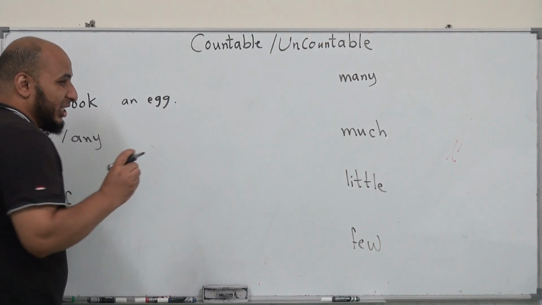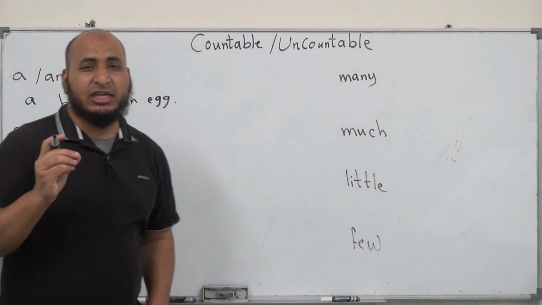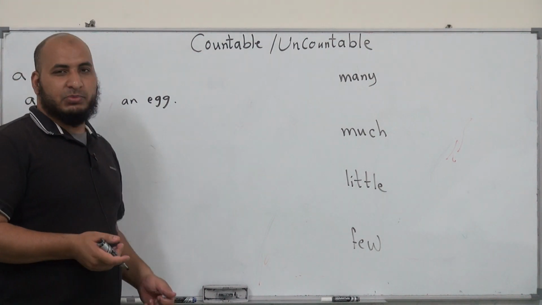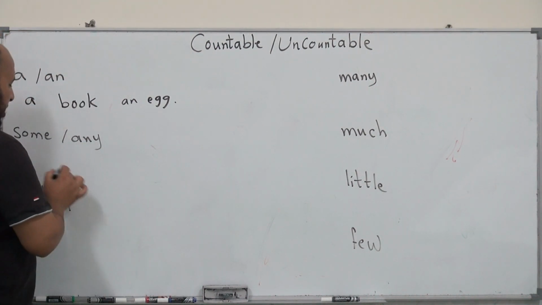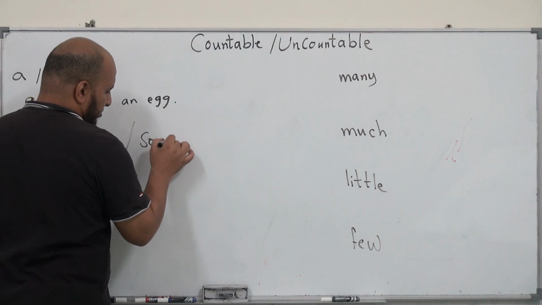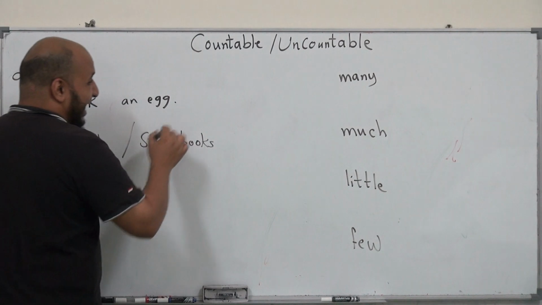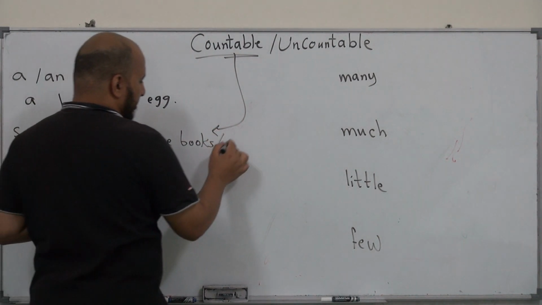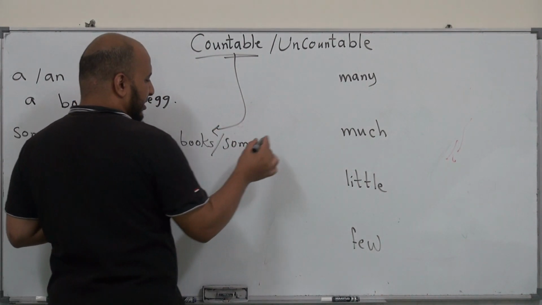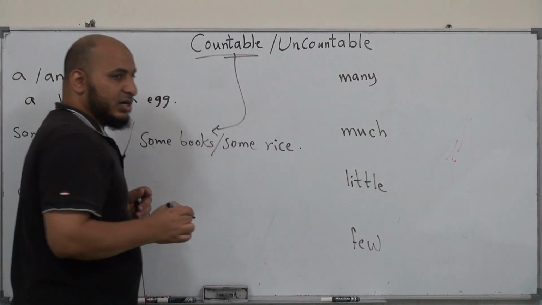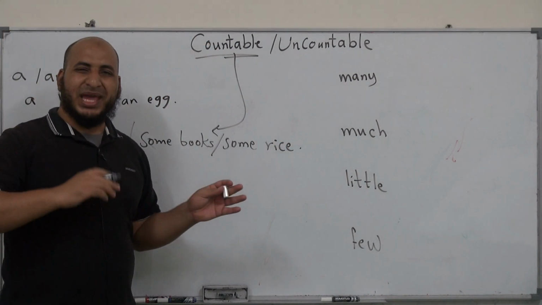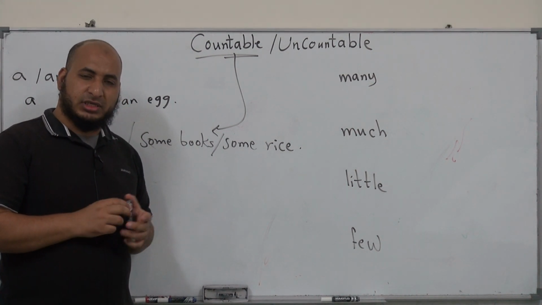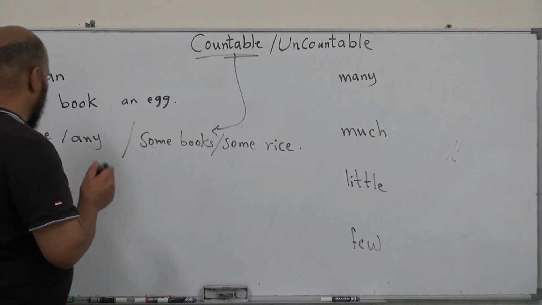But you can't put a singular noun: you can't say some book. How can I pronounce some book? What does it mean? So some books. The countable nouns should be plural. Some books, some rice, some flour, some macaroni, or any uncountable things such as petrol, oil, water, and so on.